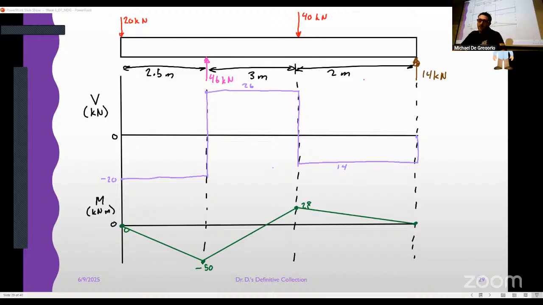So maybe for tomorrow, think about, based on this particular plot, the one sample that we have, what do you guys think the mathematical relationship between shear and bending moment is? Because we'll talk about it tomorrow. Any other questions?